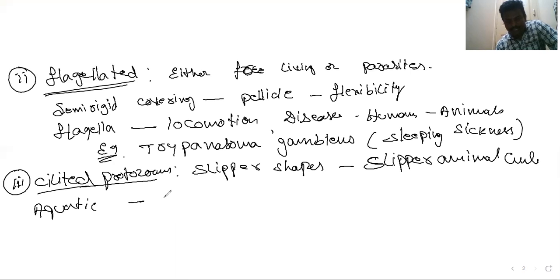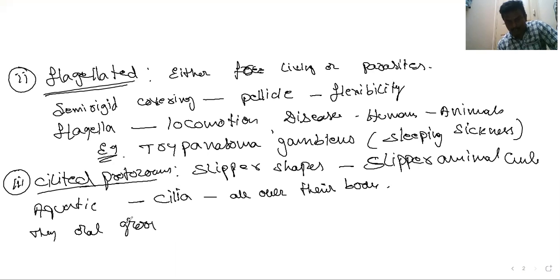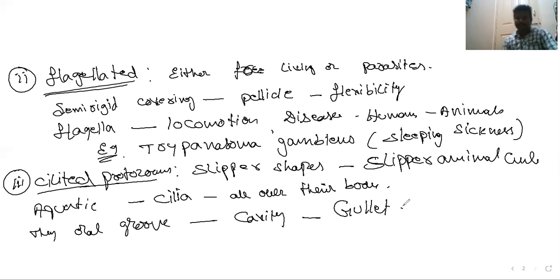They have short hair-like structures called cilia all over their body. They have an oral groove that leads into a small cavity called the gullet, the food pipe.